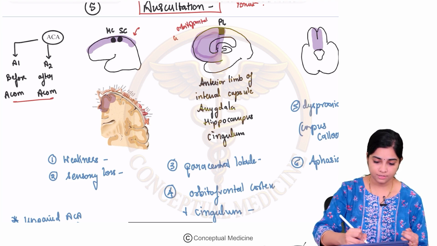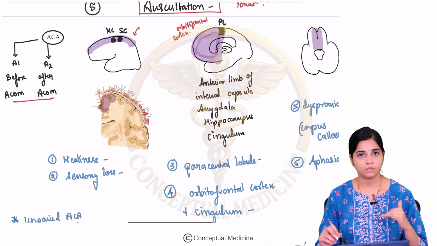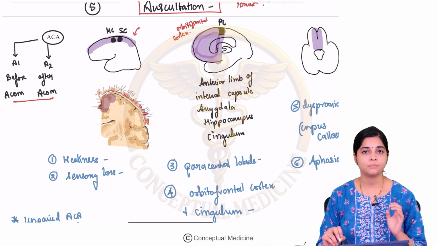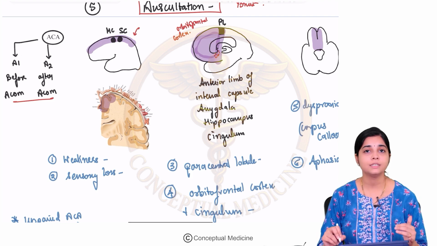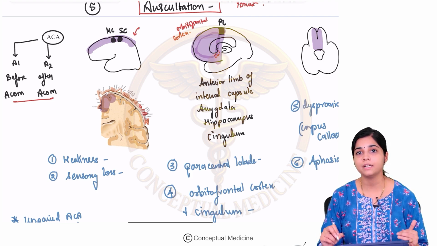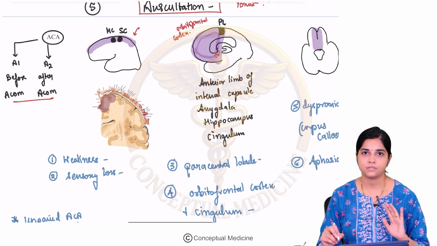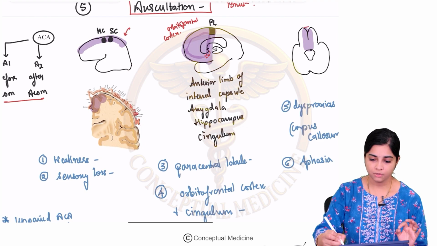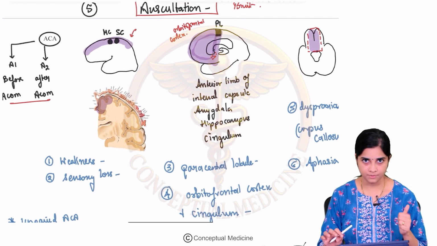It is going to supply your cingulum, and the anterior portion of the corpus callosum, and we know that there are certain important areas here. What are the important areas? The important areas include the amygdala and hippocampus, which are involved in memory processing. All of these structures are supplied by the ACA, right? In the inferior surface, again you have a small strip medially which is supplied by the ACA. These are the areas which are supplied by the anterior cerebral artery.